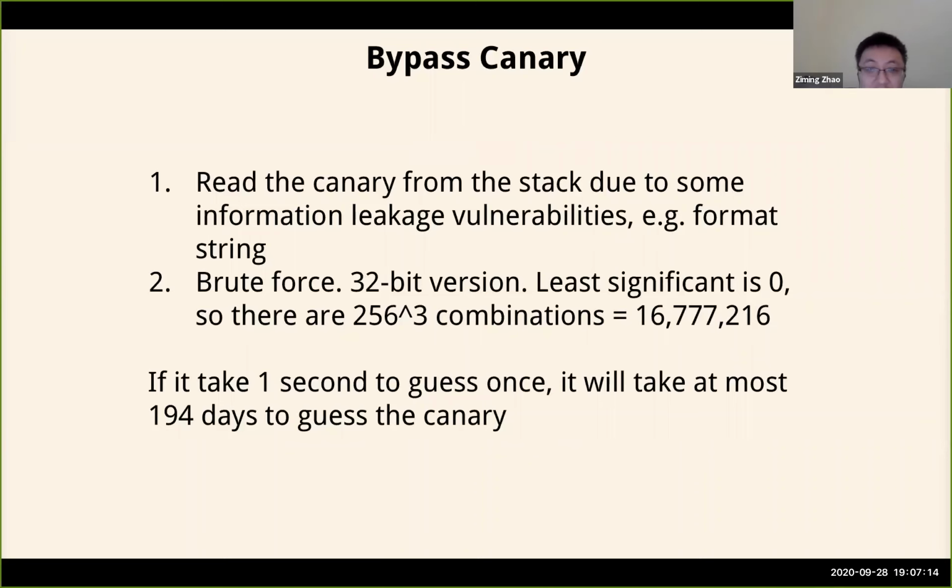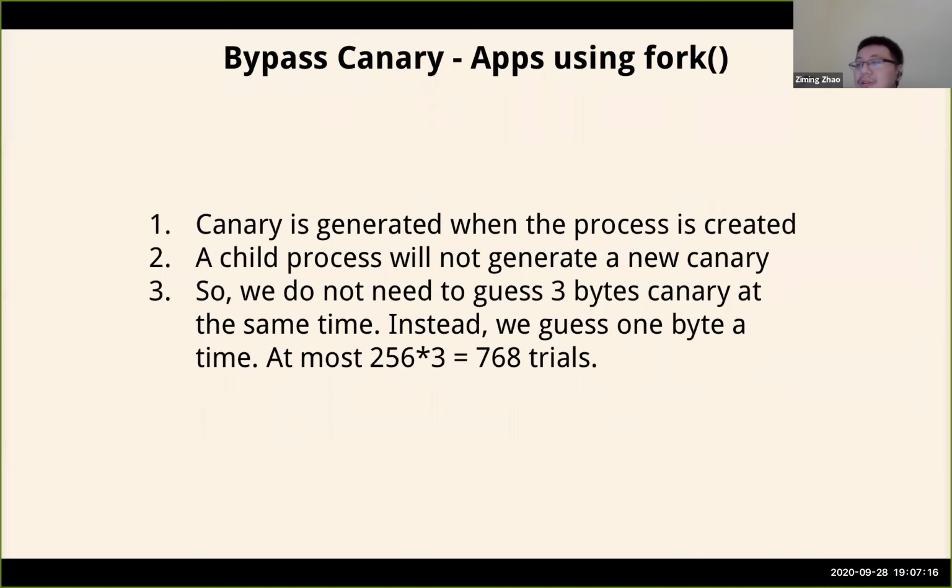However, one of the problems I mentioned several times is that when an application forks itself, the canary will not be regenerated. The canary is generated when the process is created.